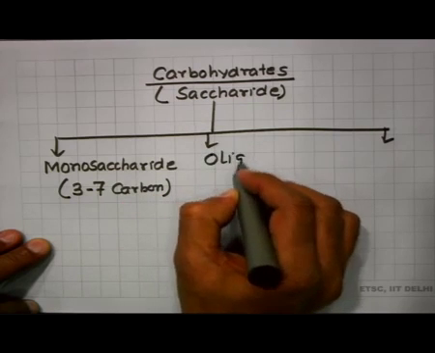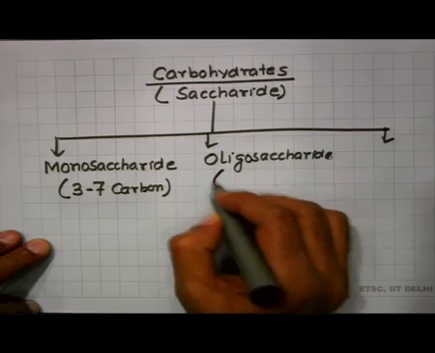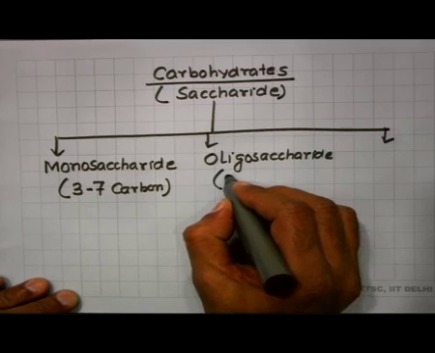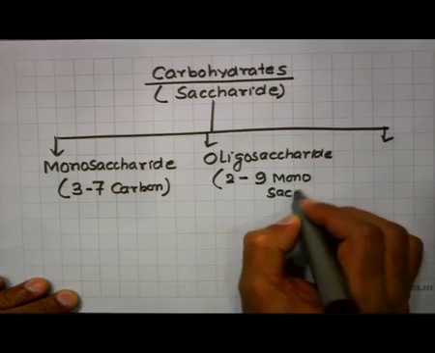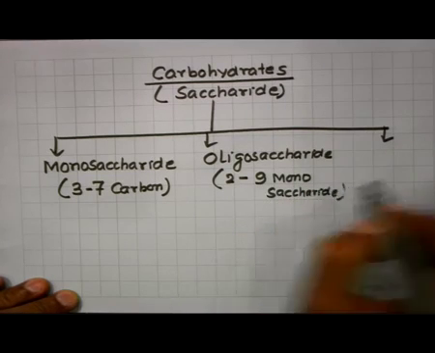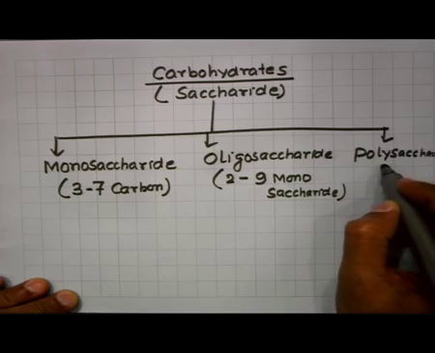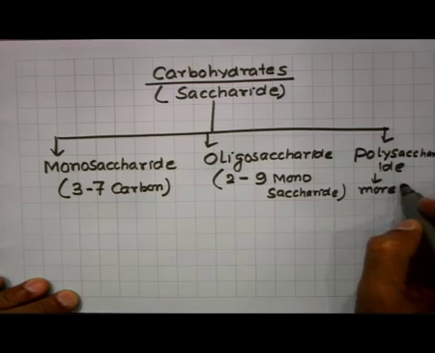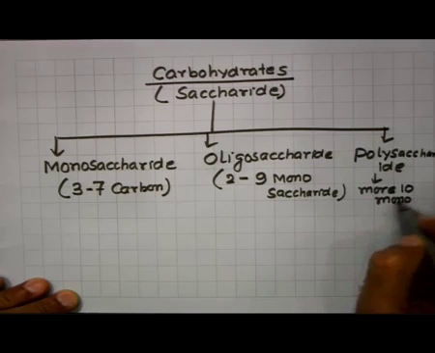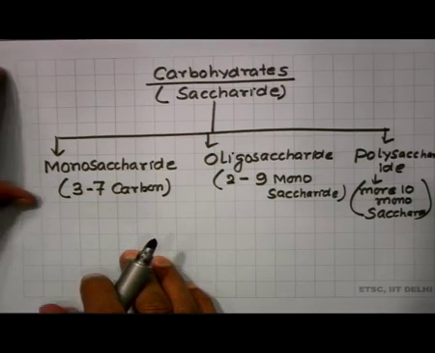Next one, oligosaccharides, which after breaking give 2 to 9 monosaccharides, and lastly polysaccharide, which after hydrolysis gives more than 10 monosaccharides. In all three classes, I have discussed the monosaccharides.